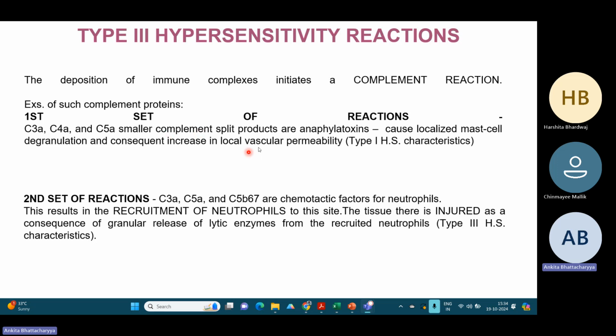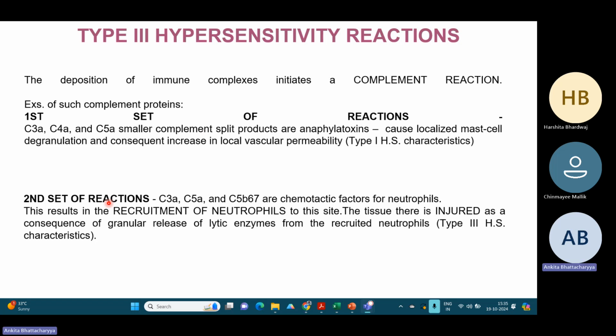There is also a second set of reactions, which involves C3a, C5a, and C5b, 6, 7, which act as chemotactic factors for neutrophils. What it effectively does is result in the recruitment of neutrophils at this particular site.